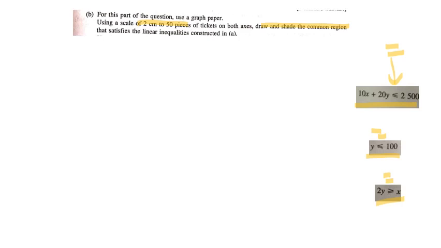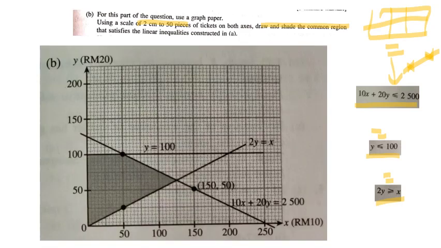You need at least 2 points to draw the graph, so you have to use a table. But I will not teach you now. I assume that you know how to draw. So I give you the graph. So this is the graph. You should get this graph.